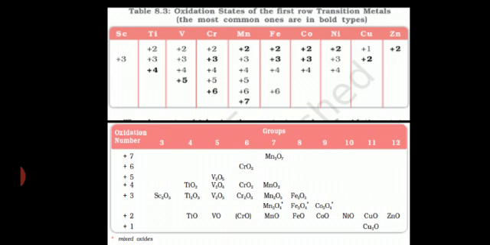Therefore, in the case of transition elements, both (n-1)d and ns orbitals are available for bond formation. Thus, the +1 and +2 oxidation states involve the participation of ns electrons, but higher oxidation states such as +3, +4, +5 as well as +6 involve the use of (n-1)d electrons in addition to ns electrons for bond formation.